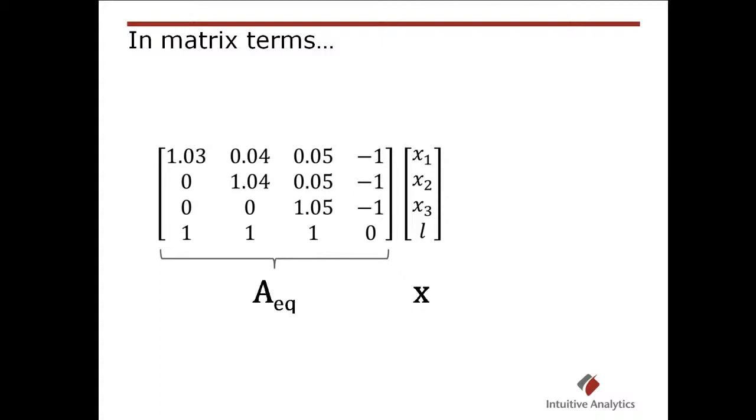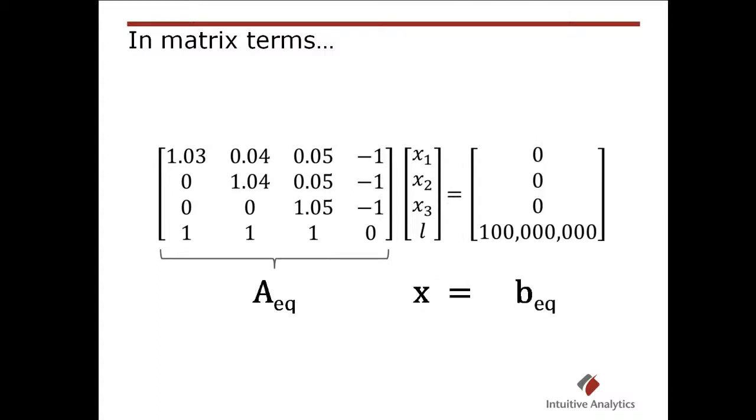Now, x in this case means the collection of all the variables ordered in the same way that the columns that the A matrix is in. Now, to get the equality, we also need the right-hand side. What's that? And that's simply the right-hand side of the equations we had before turned into a column vector, and that's going to be BEQ.